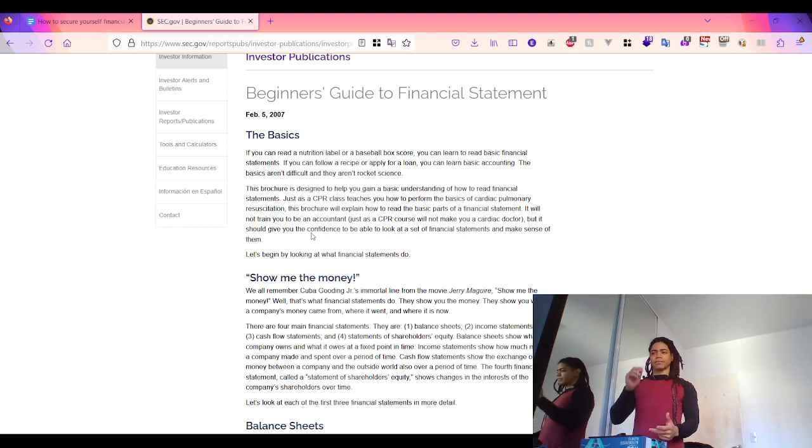In other words, expenses that a company made for goods and services that have not been received yet.